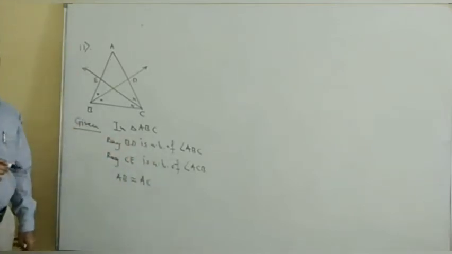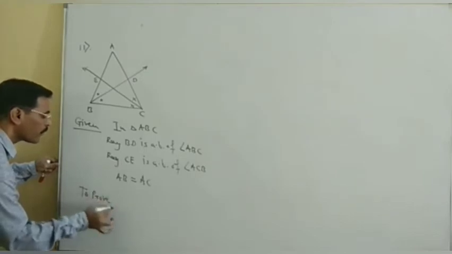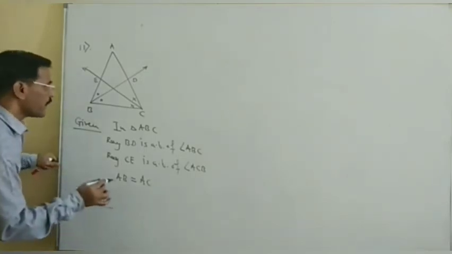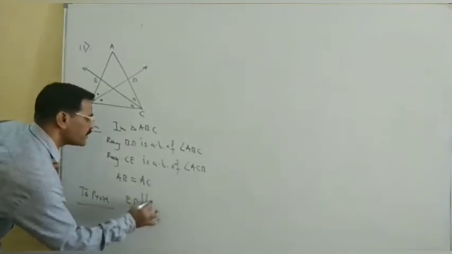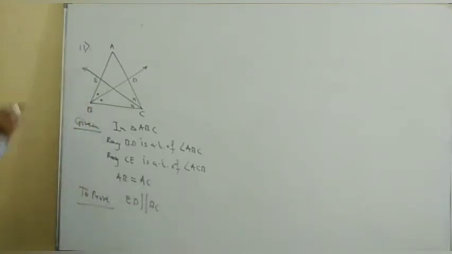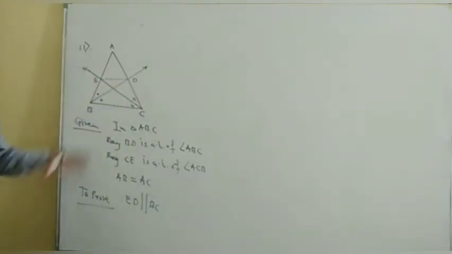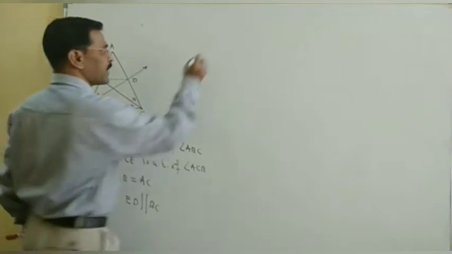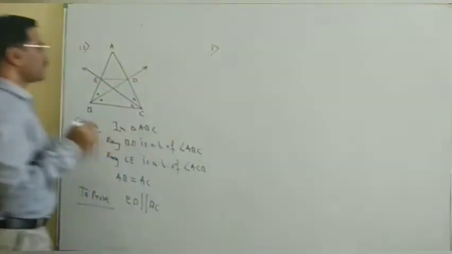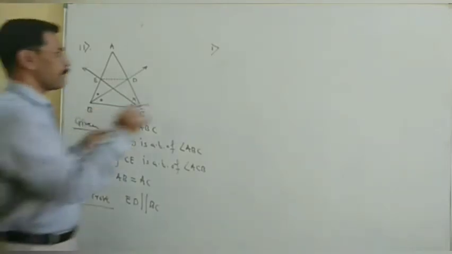Now what do we have to prove here? We have to prove that ED is parallel to BC. That one we are going to check. Means we have to join this ED also. Let's see that. Two times we are going to apply the angle bisector property, which is very simple. See here how we can write. See first, ray BD is the bisector. One by one we can apply here.